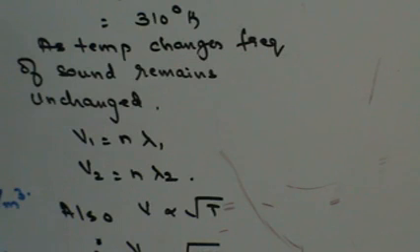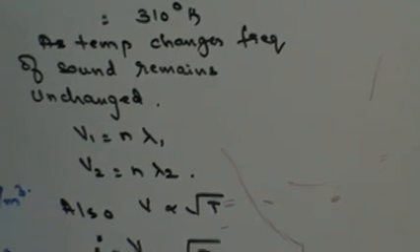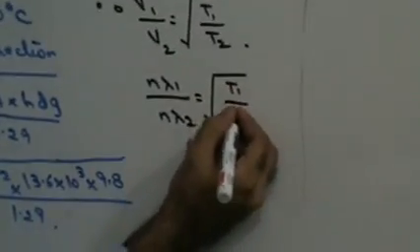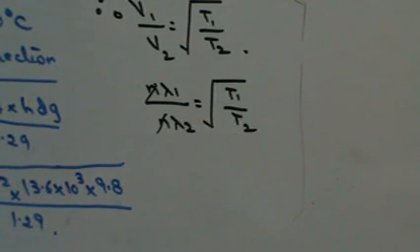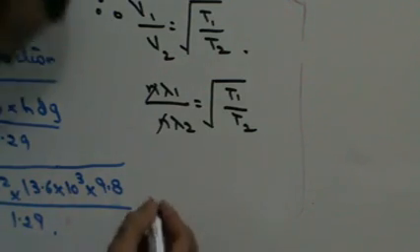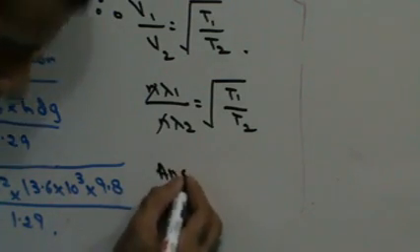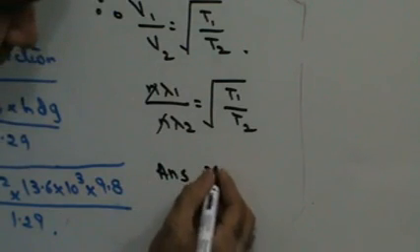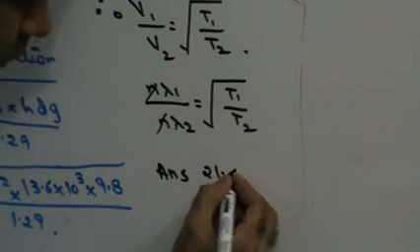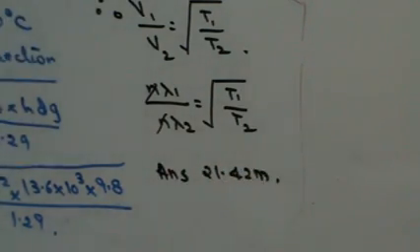V1 can be written as n times lambda 1 and V2 as n times lambda 2. Out of which I know lambda 1, and lambda 2 is the only unknown. You can substitute and calculate, and you will get the answer as 21.42 meters. Fine. Take down the next one, please.